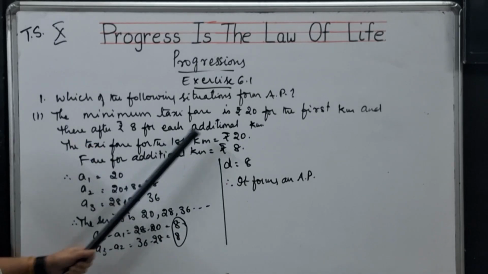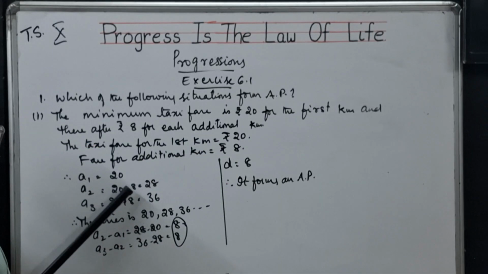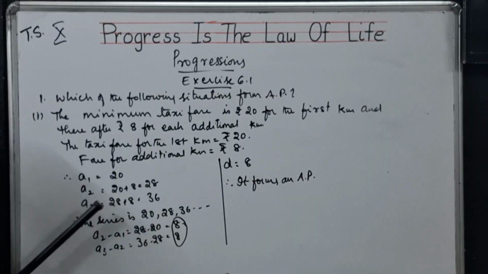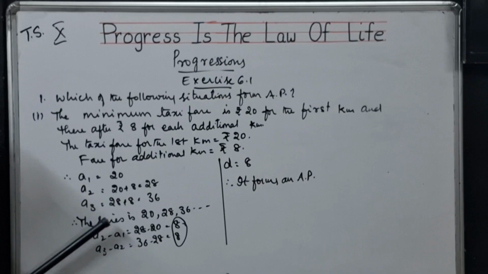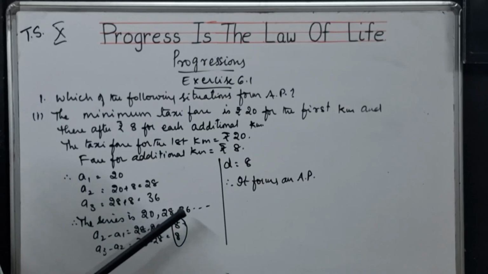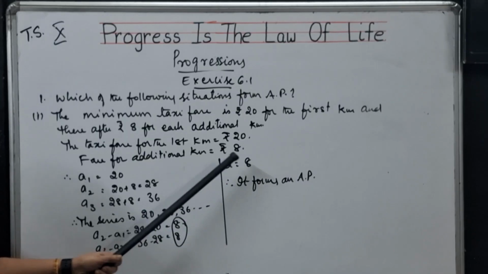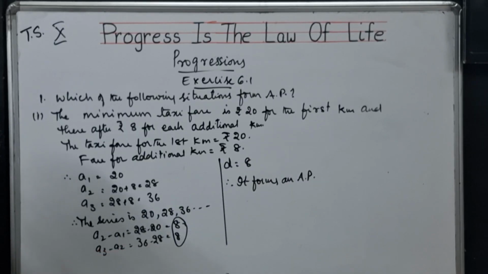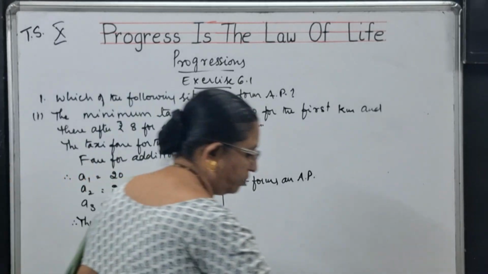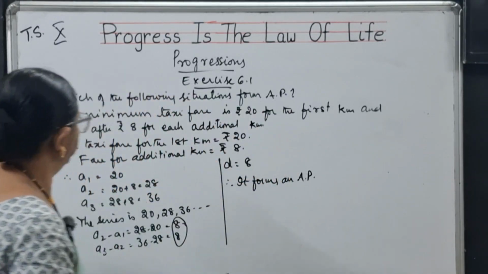So a1 becomes 20, a2 is 20 plus 8, 28, a3 is 28 plus 8, 36. So the series that we have got is 20, 28, 36, and so on. So a2 minus a1 is 28 minus 20, that is 8. a3 minus a2 is 36 minus 28, that is 8. That means we have a common difference, that is 8. That means what? It forms an AP. So this is the first bit, children. Please note it down.